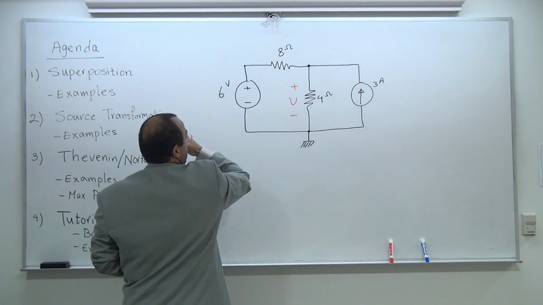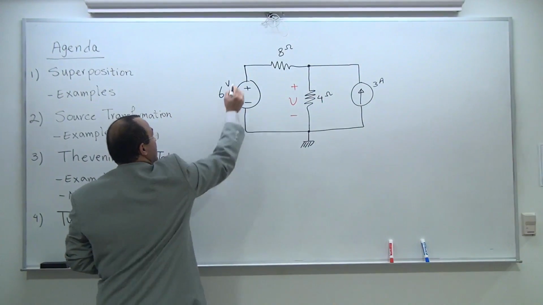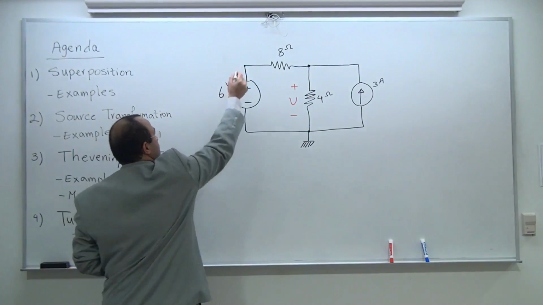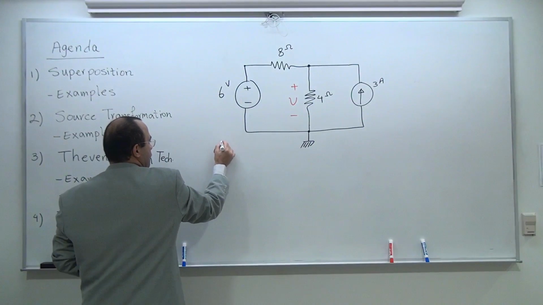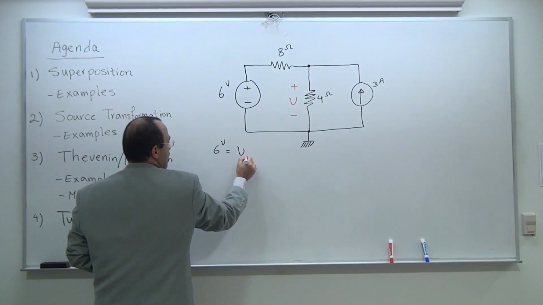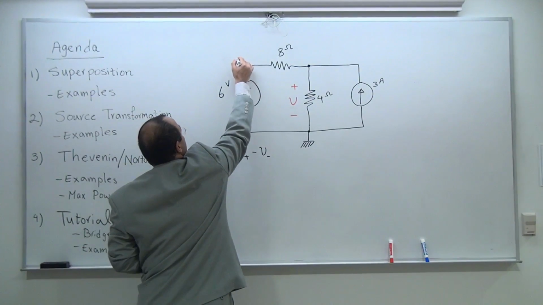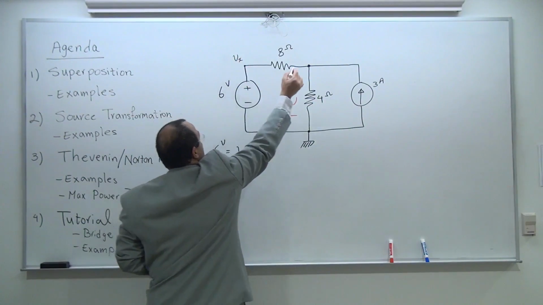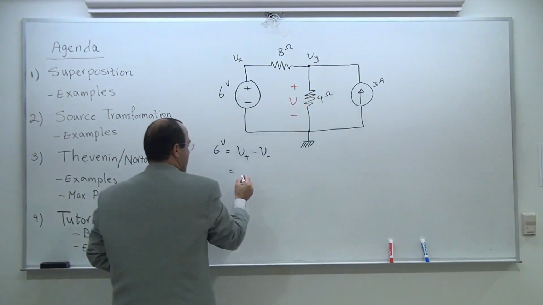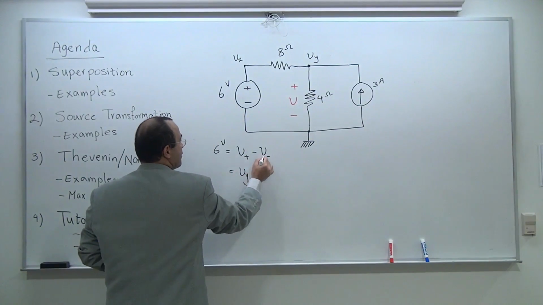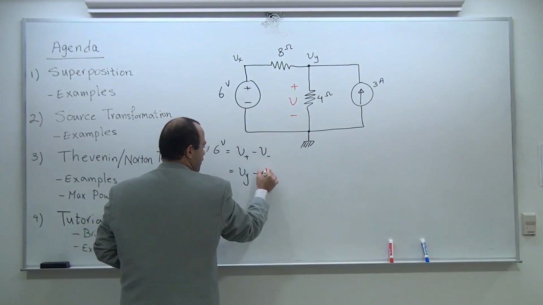Now, this 6 volts is going to help me identify what the voltage of this node is. 6 volt is equal to the plus side minus the minus side. The plus side is going to be my Vx, and this is Vy, so basically Vy minus the minus side, which is attached to 0.